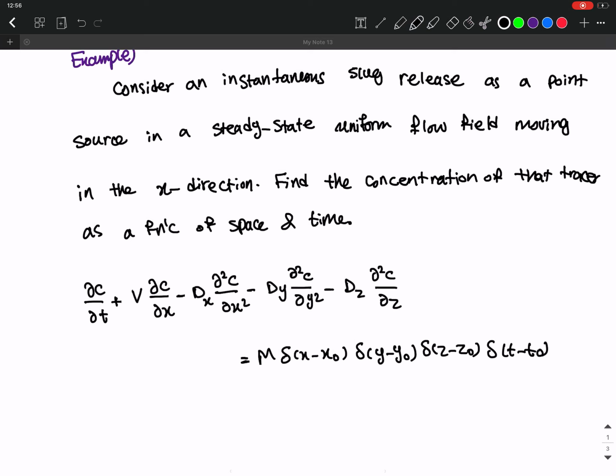So this is going to be our source term, which is g x y z t in the general formula that we had.